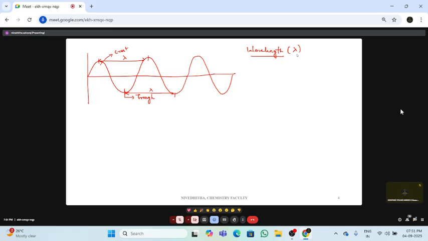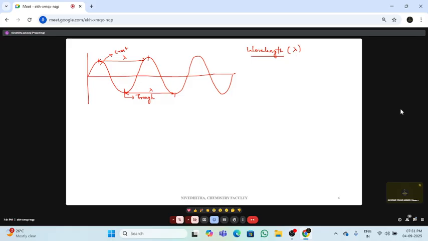What will be the unit of wavelength? Lambda is the representation of wavelength. The unit is Angstrom, not exactly. Angstrom can be a unit of wavelength, but what is that Angstrom? Meter.